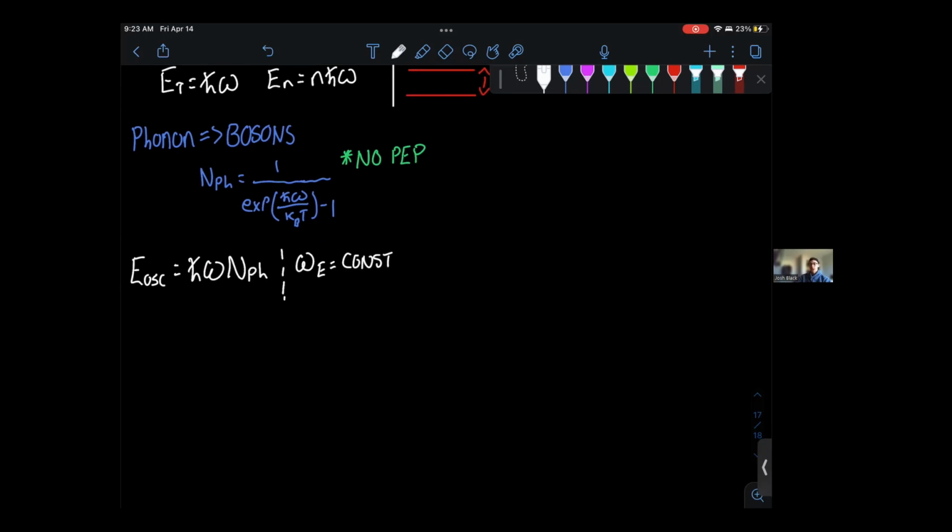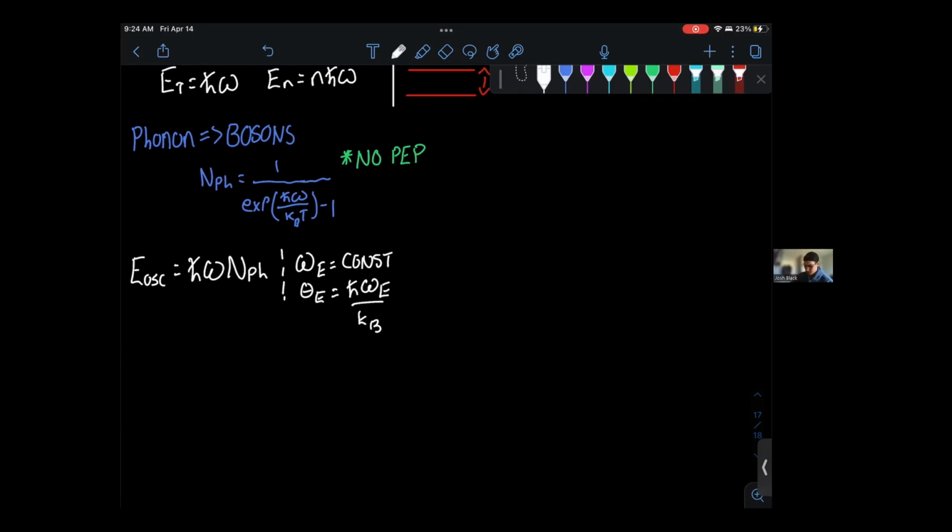The frequency at which our atoms oscillate is a constant value. And this happens at a certain temperature. Now, if that doesn't make sense, that's fine.